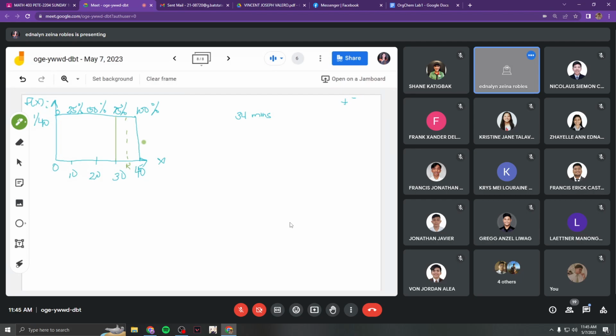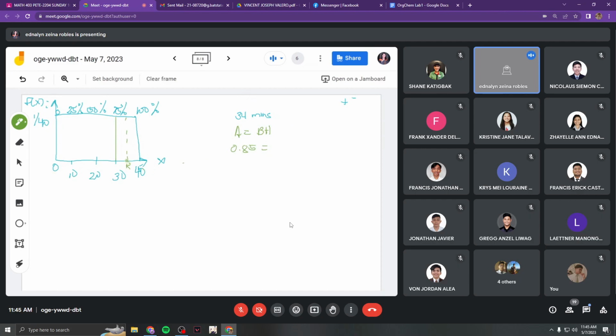Si K, sabi natin that area is equals to base times height. And we've known that the area is the 85th percentile. It is equal to 0.85. And what is our base?